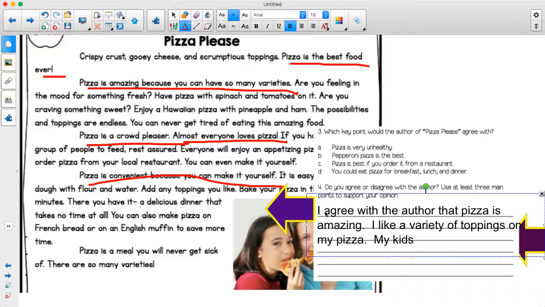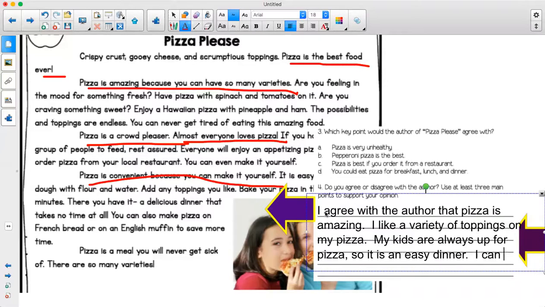My kids are always up for pizza, so it is an easy dinner.